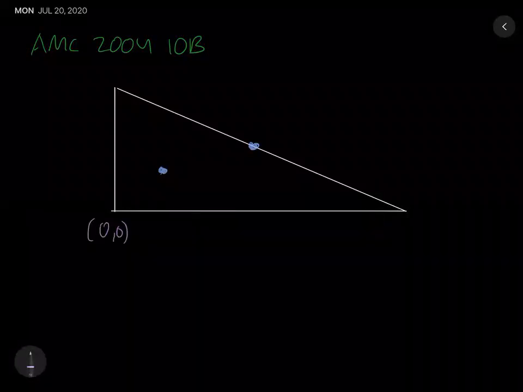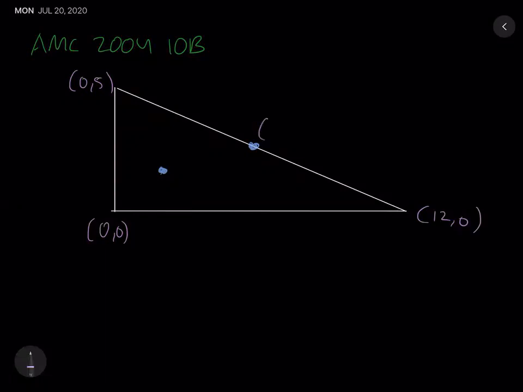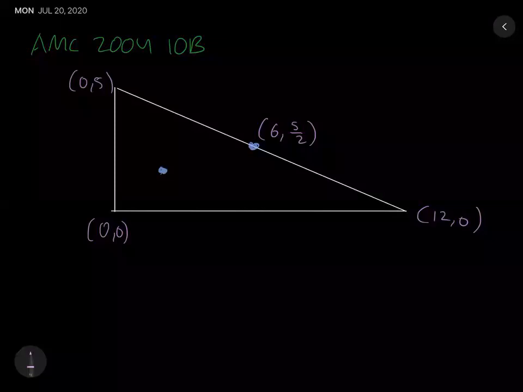And we say this one is side length of 5, so this is 0, 5. This is 12, 0, and the midpoint between 0, 5 and 12, 0 is going to be 6, 5 over 2. So we already found the center of the circumscribed circle, not too hard. But now what?